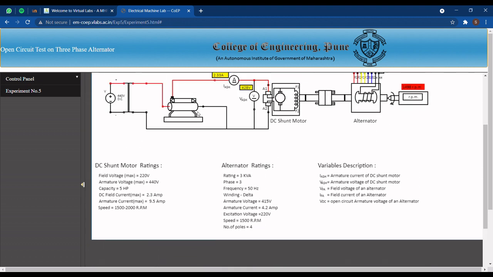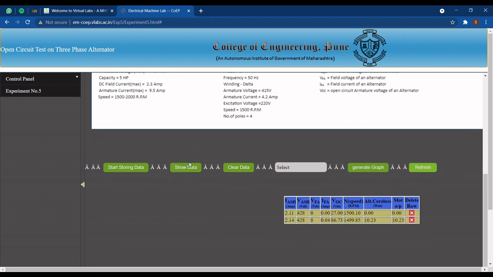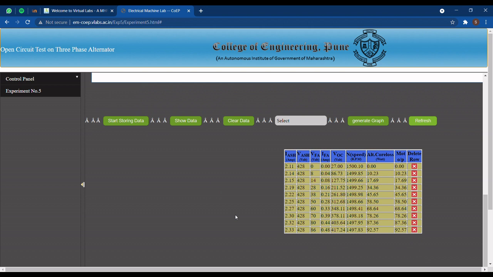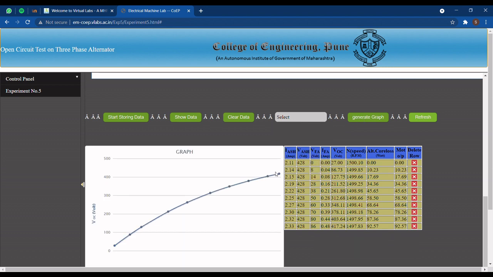Now we have reached the rated voltage of the alternator. Let us see the data we have stored. With this data, we can plot a graph for field current of the alternator versus the phase voltage of the alternator, IFA versus VOC. This is the open circuit characteristic of this alternator.